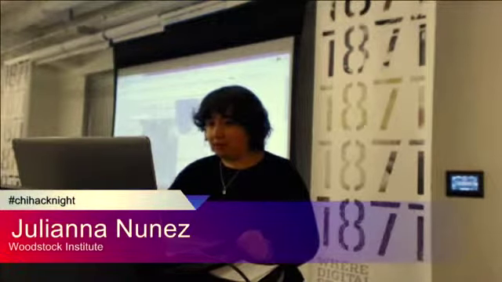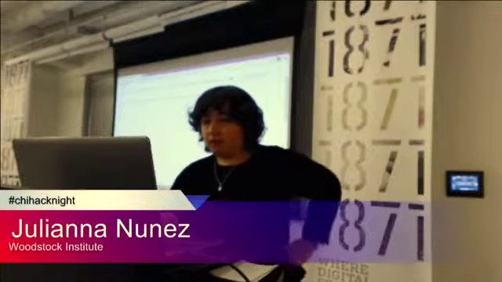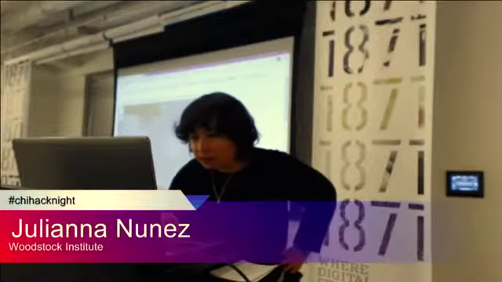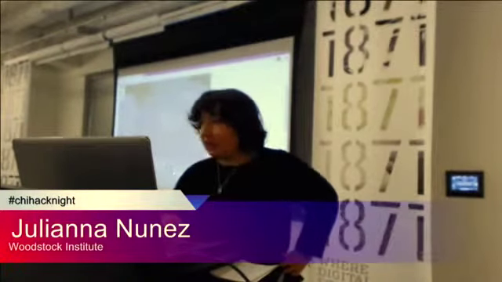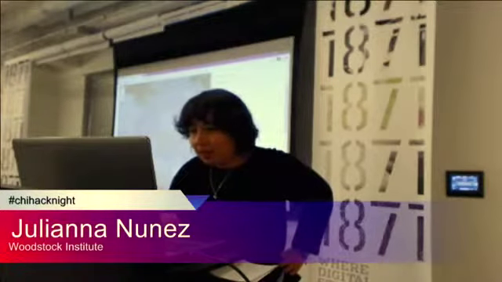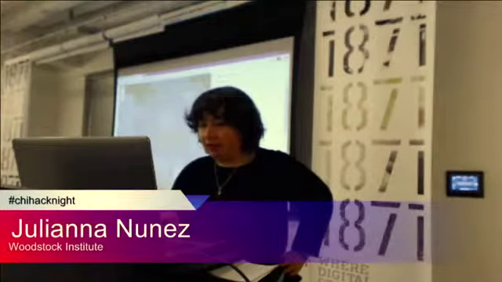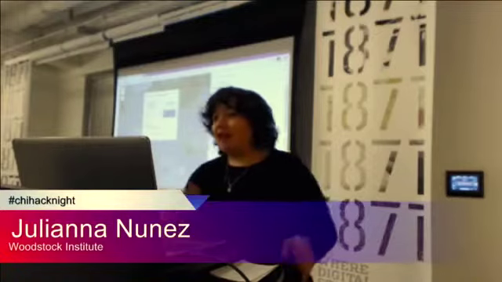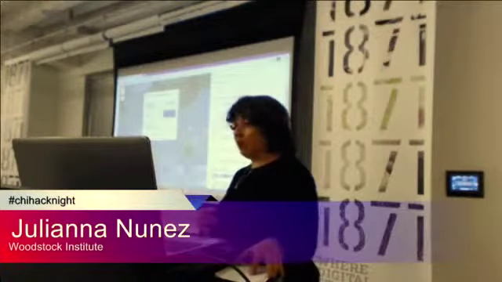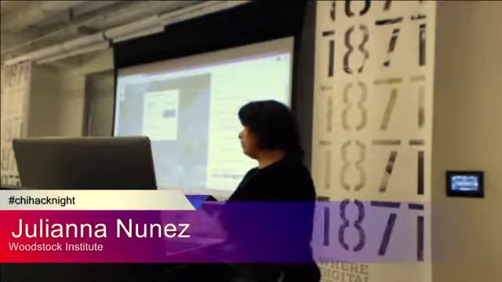So I just type my zip code in. And see, this is my neighborhood right here, and this is the census tract I live in. If I click on it, I can see that the average household income in my census tract is a little over 75 grand.